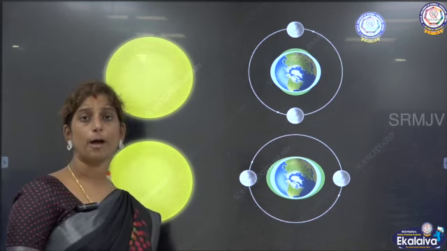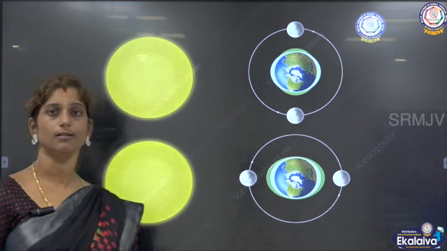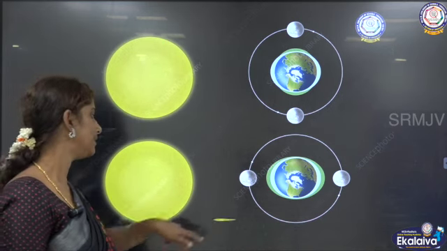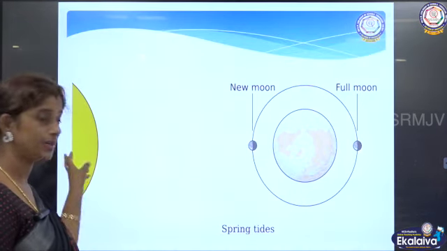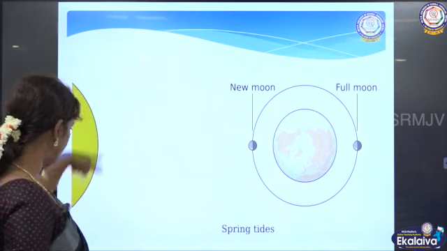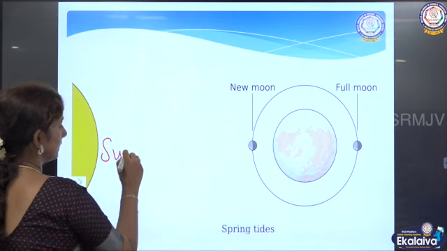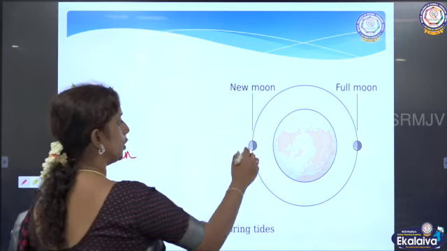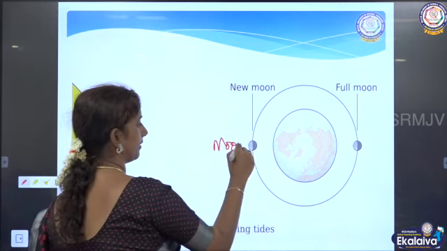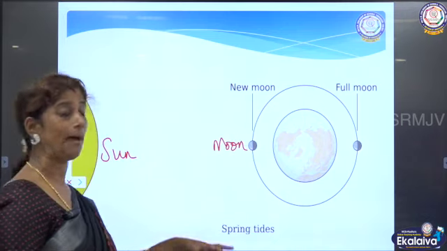Now we are going to see about the next thing, which is spring tide and neap tide. So here you can see this is the surface of the sun. So when this is sun and moon is there, what will happen?